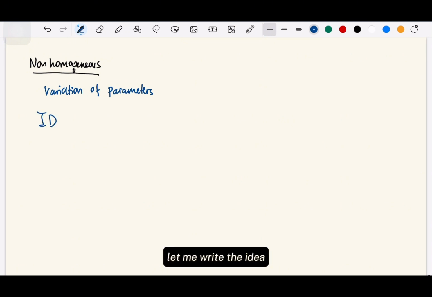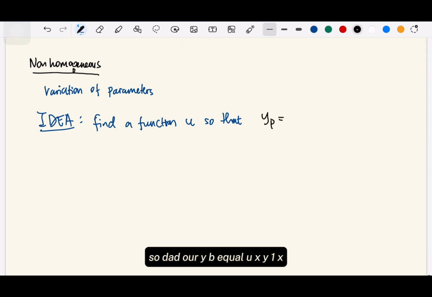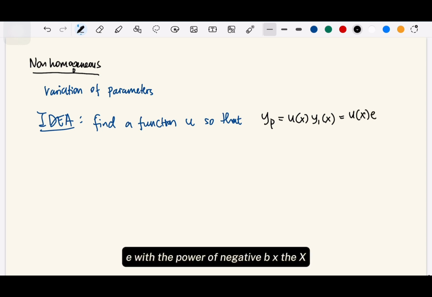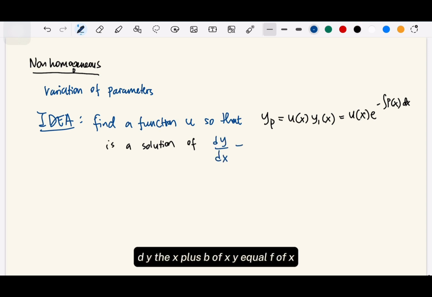So the idea is to find a function u so that our yp equal u(x) y1(x), or u(x) e to the power of negative integral of p(x) dx, is a solution of dy/dx plus p of x y equal f of x.